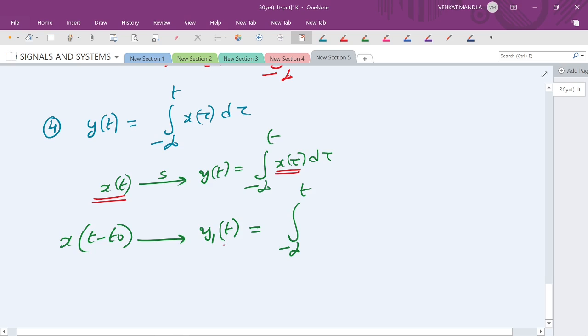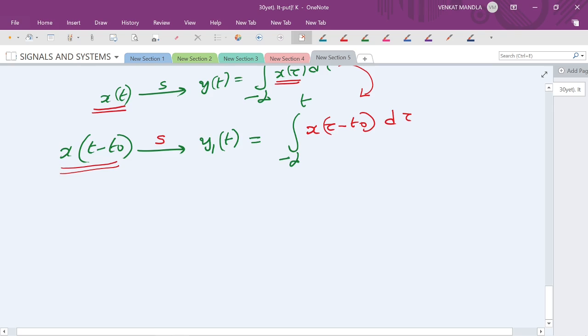Here also, from the same relation, I am applying this input to the same system. Whatever the input, I put it there: x of, in place of t we put tau, x(tau minus t naught) d tau. This is the relation they have given.